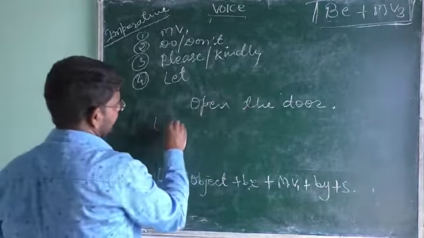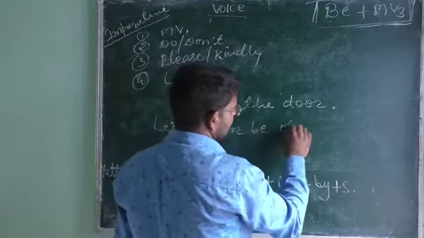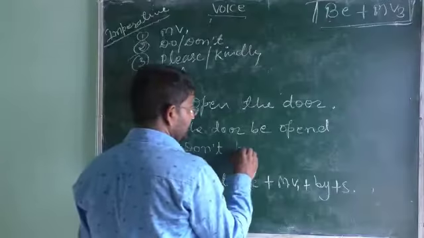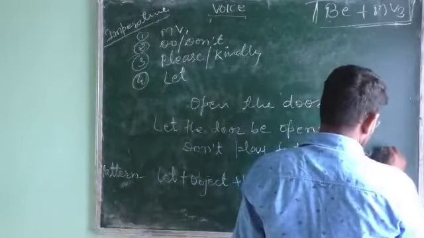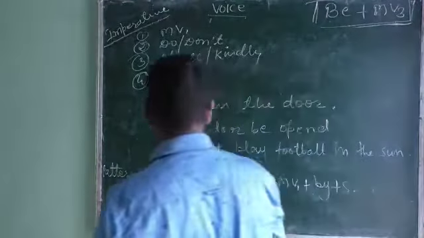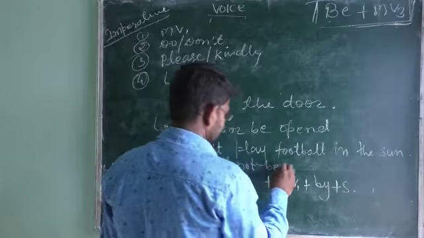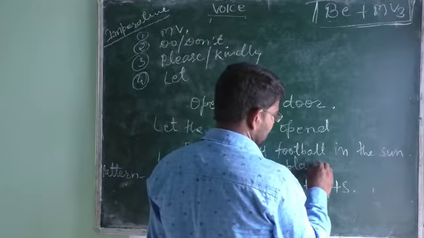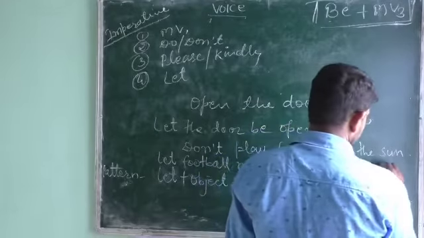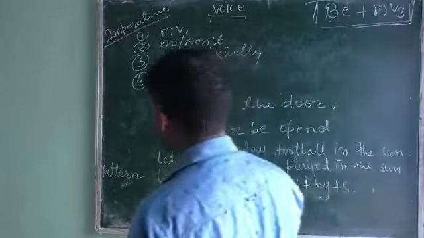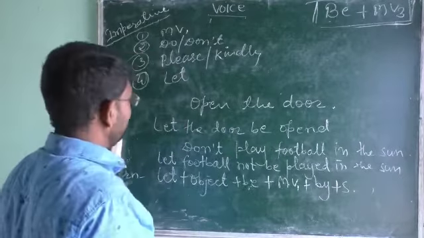Here this sentence becomes: let the door be open. Next, don't play football in the sun. We change it: let football not be played in the sun. So these are changes we can easily do in imperative sentences.